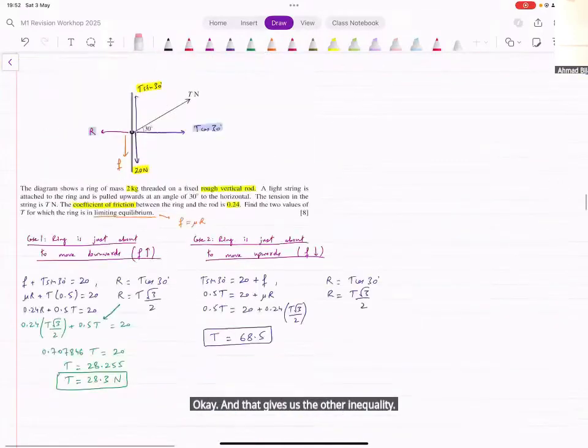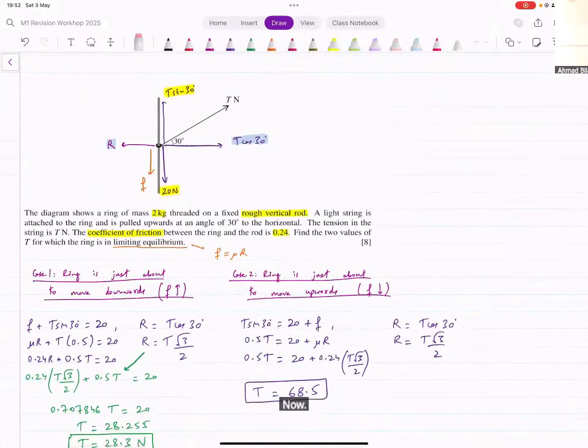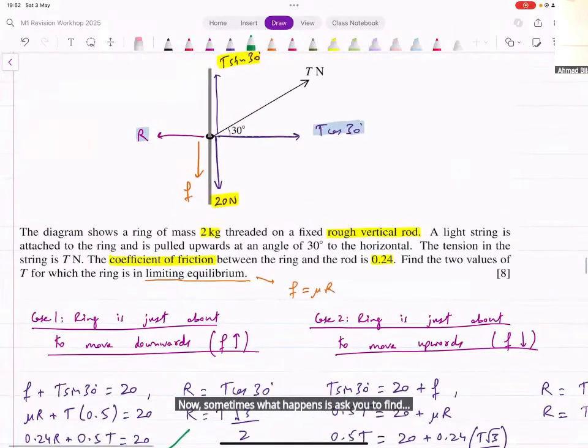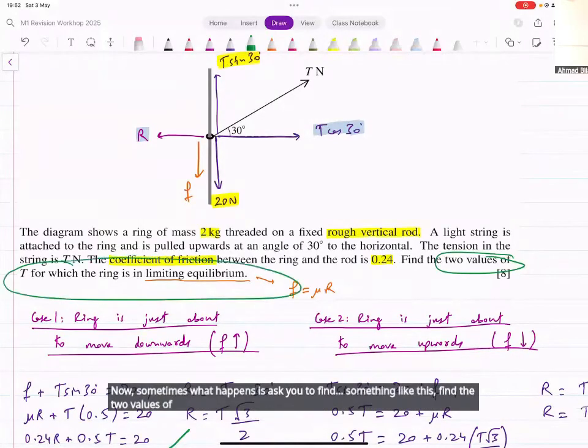Okay, let's move on. Now, sometimes what happens is they ask you to find something like this. Find the two values of T for which this is in limiting equilibrium. So we've got a set of forces here.